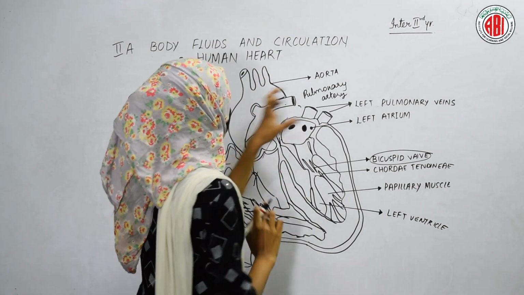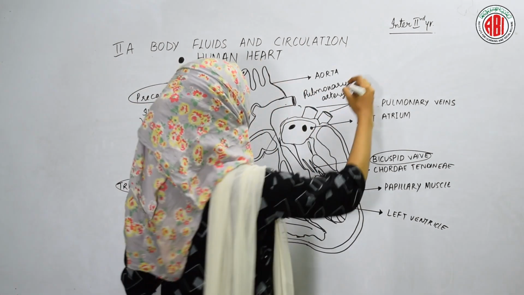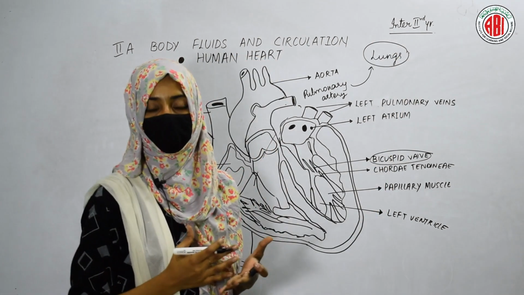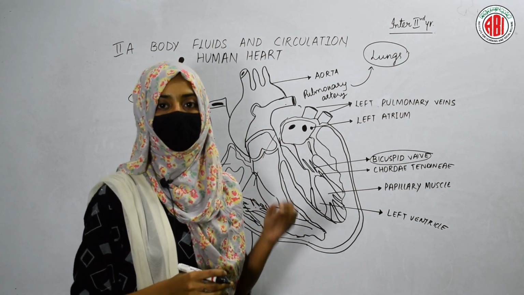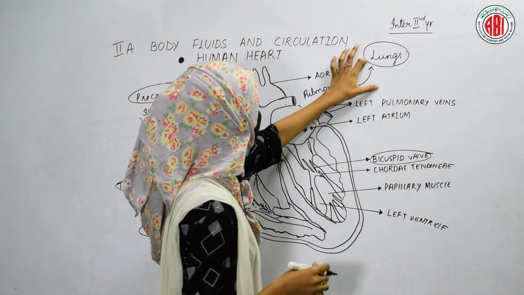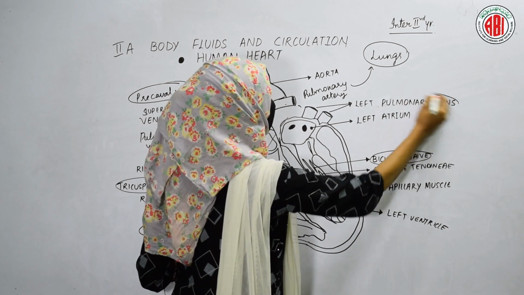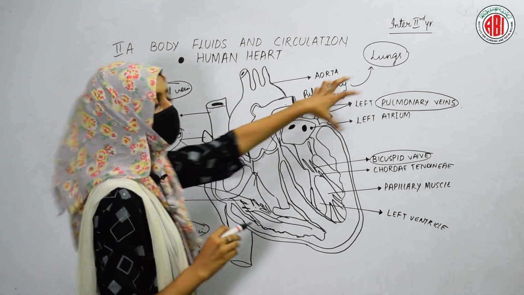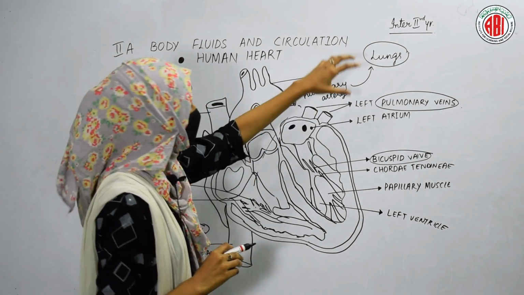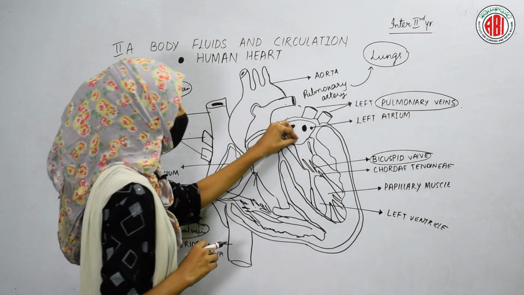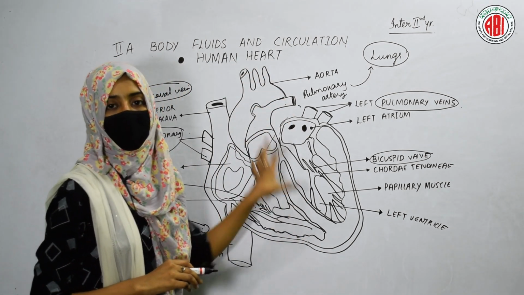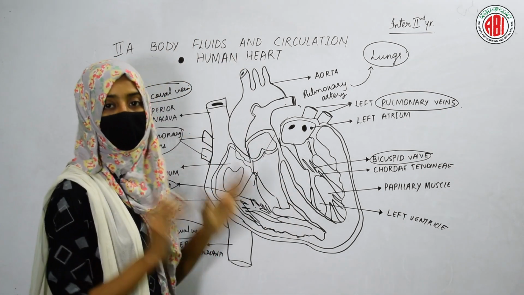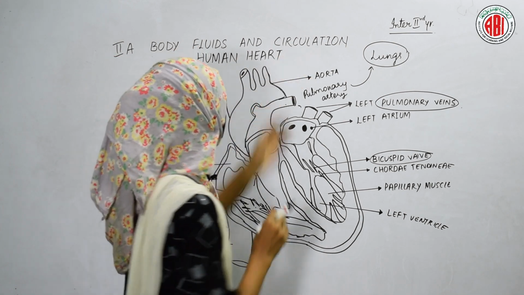It is transferred to the pulmonary artery, and this pulmonary artery takes that deoxygenated blood to the lungs. In the lungs, oxygenation of the blood occurs. After the blood becomes oxygenated, that oxygenated blood is carried by the pulmonary veins. Here the pulmonary veins are present. These veins carry the oxygenated blood from the lungs and give this blood to the left atrium and left ventricle of the heart, and from the left ventricle the oxygenated blood is transferred to the largest artery, which is named the aorta.